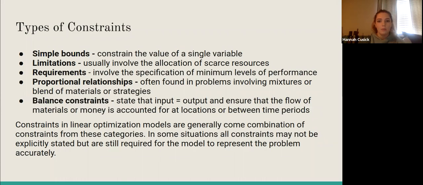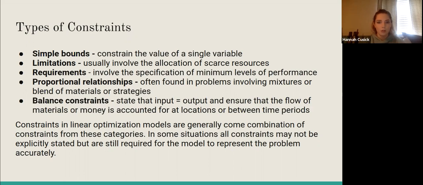The fourth type of constraint is proportional relationships, which are often found in problems including mixtures or a blend of materials or strategies. A proportional relationship could be the amount invested in aggressive growth stocks cannot be more than twice the amount invested in equity income funds, or a mixture of fertilizer must contain exactly 30% nitrogen.